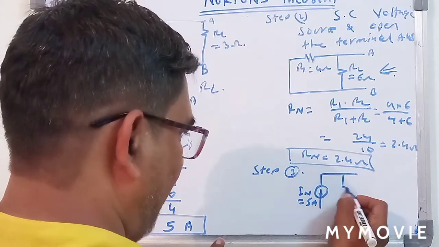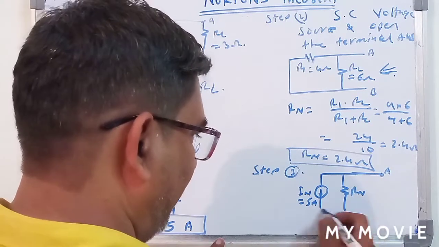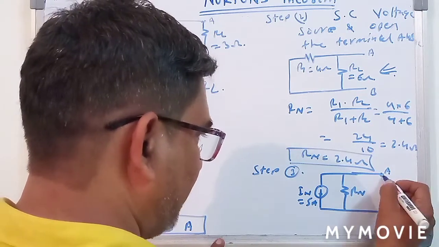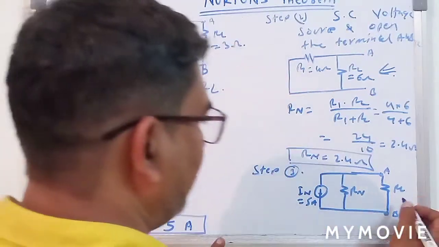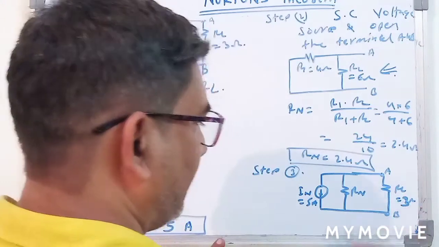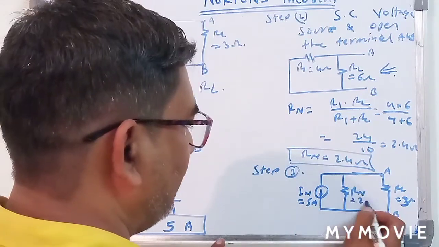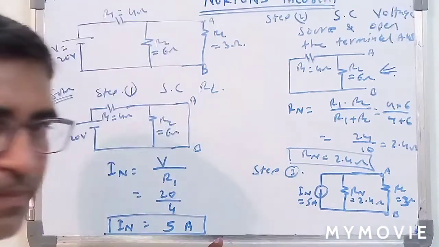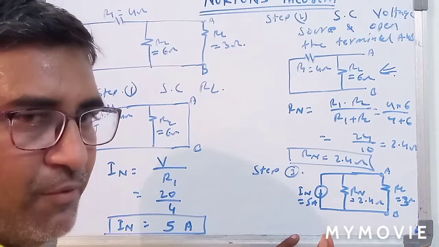The RN value, and at terminals A and B the load resistance RL is placed. The value of RL is equal to 3 ohms, and RN you have 2.4 ohms. Now just remember that particular formula.